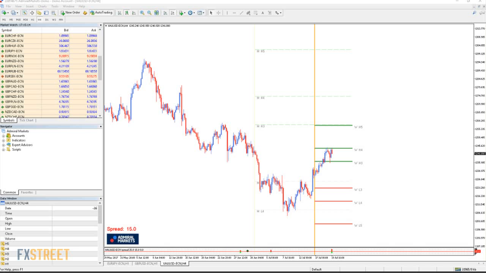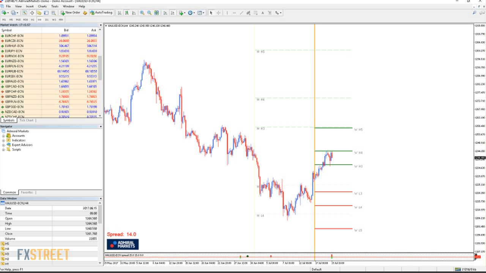Also, what is important to know is that if the price is ranging, we generally want to buy and sell between WH3 and WH4. When the price hits WH3 for the first time, we buy. When the price hits WH4 for the first time, we sell.